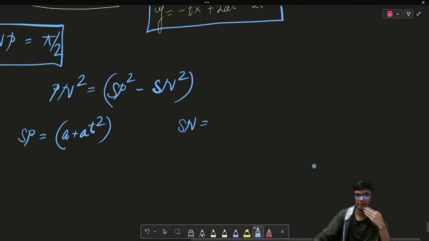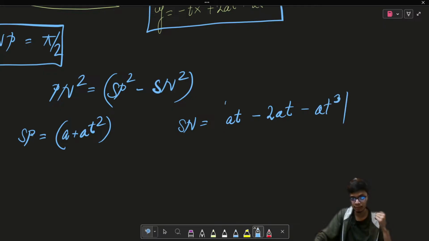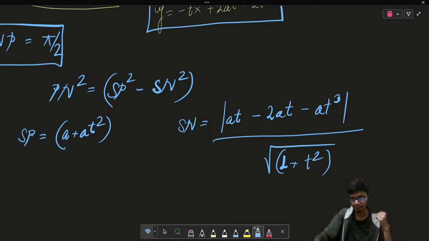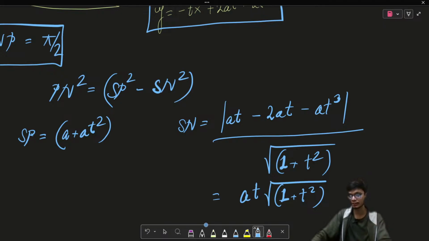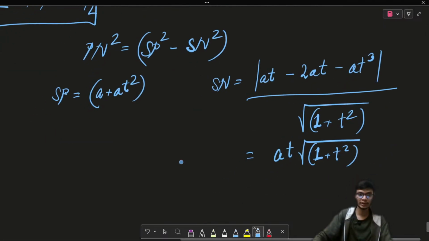We can get this distance as the mod of at minus 2at minus at cube, divided by square root of 1 plus t square, and this will turn out to be at times square root of 1 plus t square, right? This is the value for SN. Now from these two values of SN and SP, we can easily calculate the distance of PN by applying the Pythagoras theorem over here.